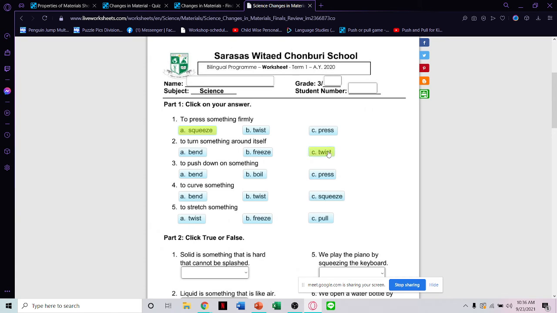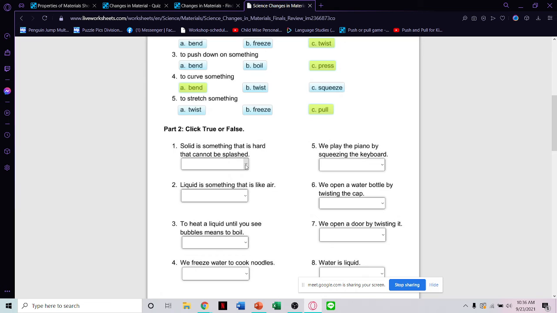Twist. To push down on something. Press. To curve something. Bend. To stretch something. Pull. Yes.